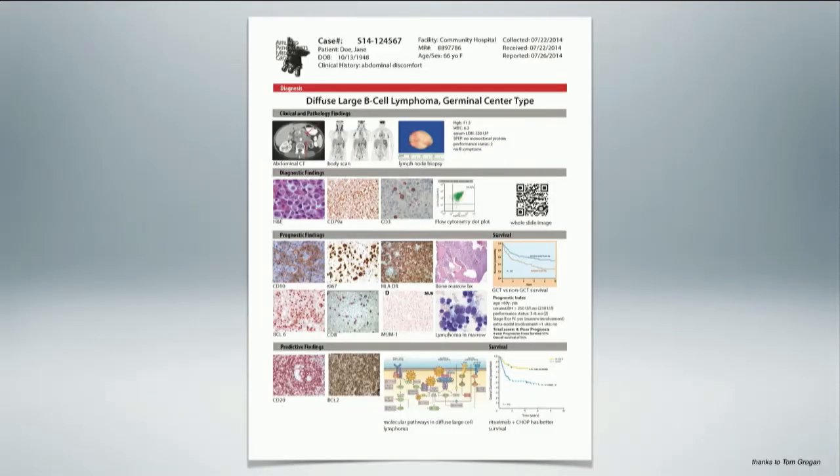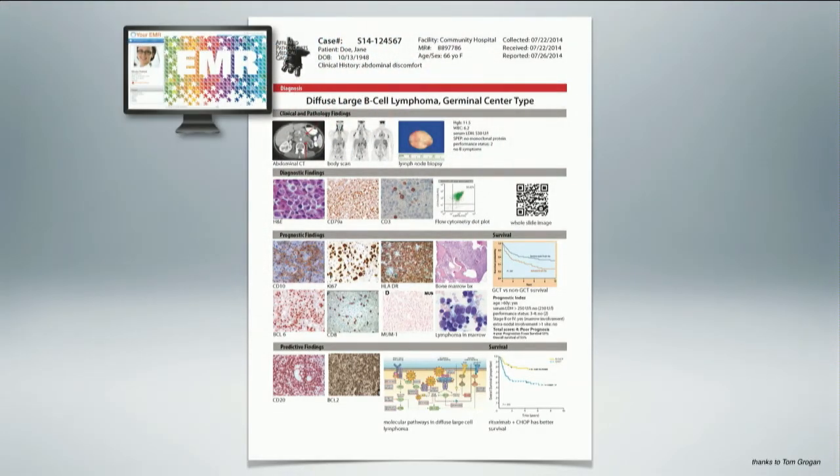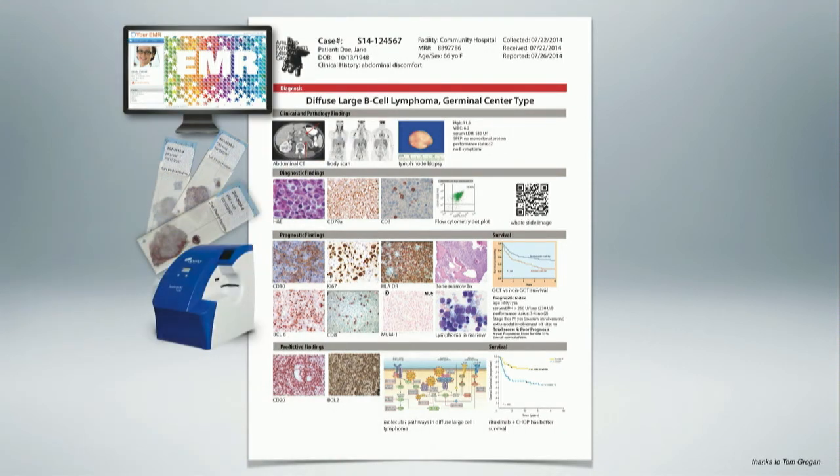And with the help of Tom Grogan, this is what I think is the pathology report of the future. Here's a B-cell lymphoma. It's got integration with the EMR. It has all the stains appropriately evaluated and shown. It's got whole slide image scanning of appropriate slides for review.